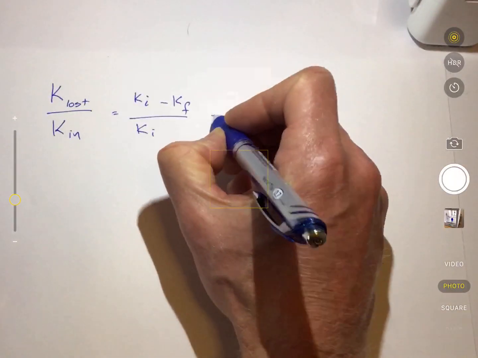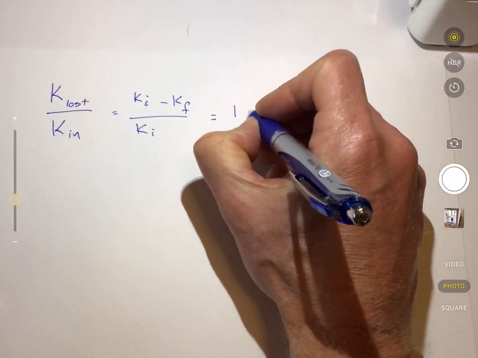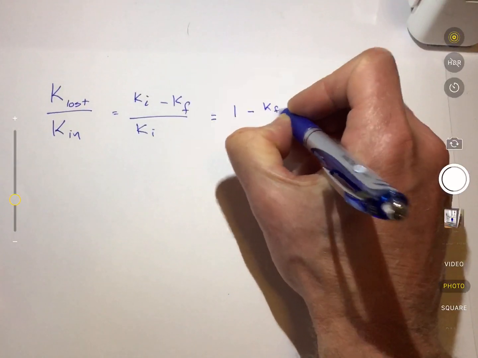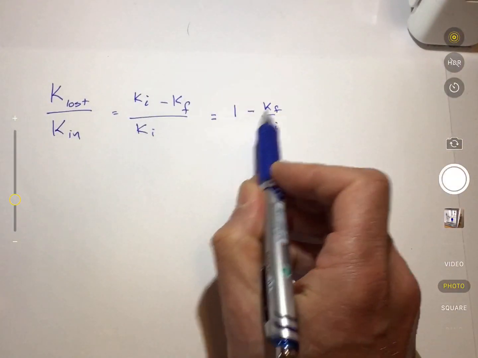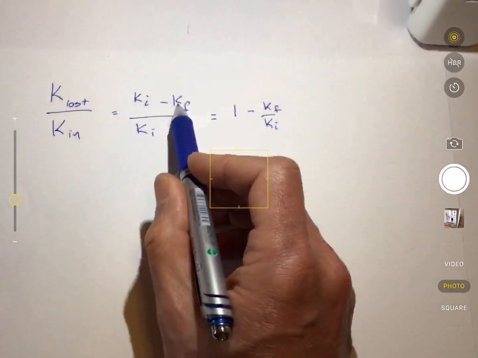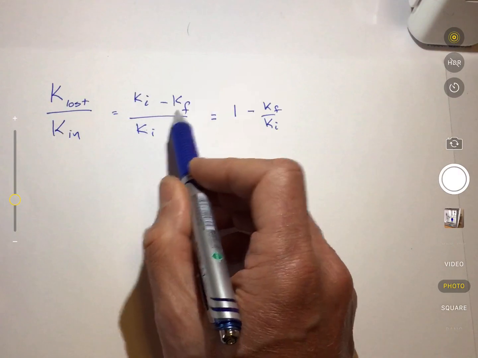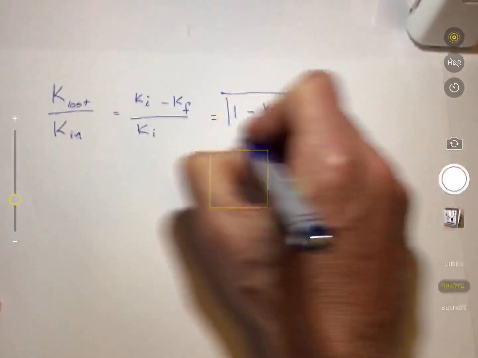And this is a little bit of algebra involved, but this would actually simplify to 1 minus Kf over Ki, right? Because this would be 1, and then I can't simplify that, so I'm going to have to keep the minus Kf over Ki. This is going to be an important part, right?